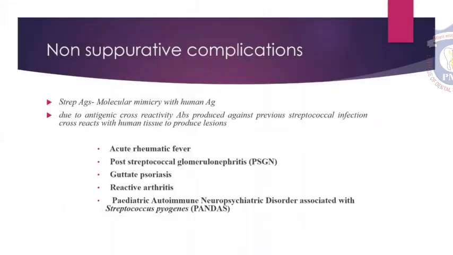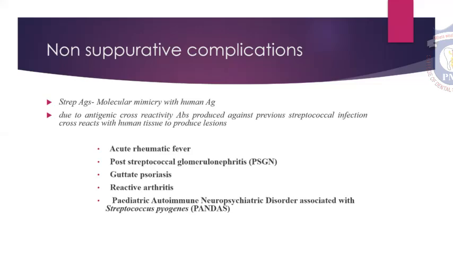Next, we are going to discuss the non-suppurative complications of Streptococcus pyogenes. Non-suppurative complications are mainly due to antigenic cross-reactivity. Antibodies are produced against previous streptococcal infection, and they cross-react with human tissues to produce lesions.